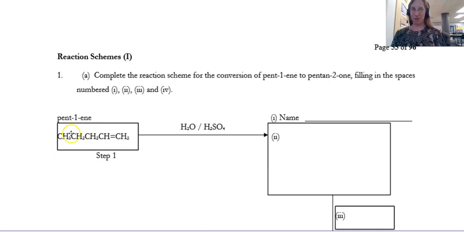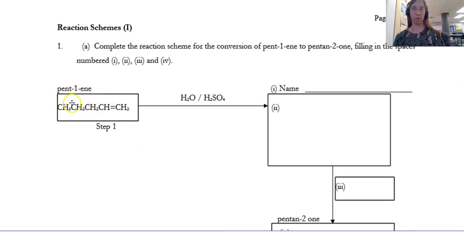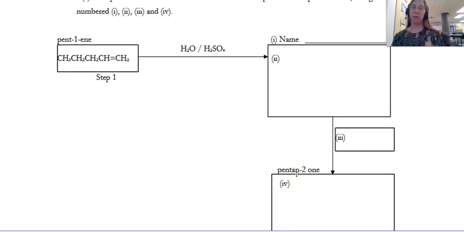So this is one of my favorite types of problems because it's kind of like a little puzzle. But it's also very necessary for a lot of organic reactions. If we start with an alkene and we want in the end a ketone, we can't do that in one step. We have to do that in more than one step.